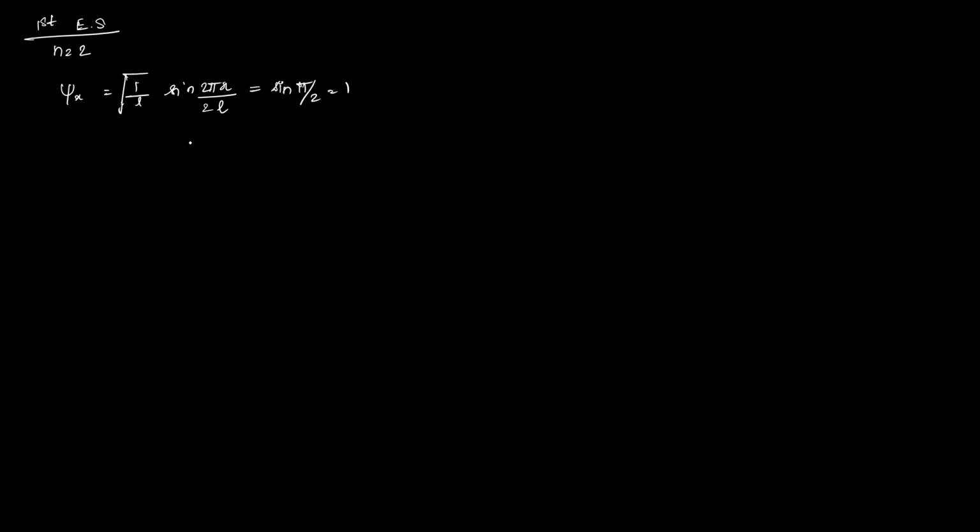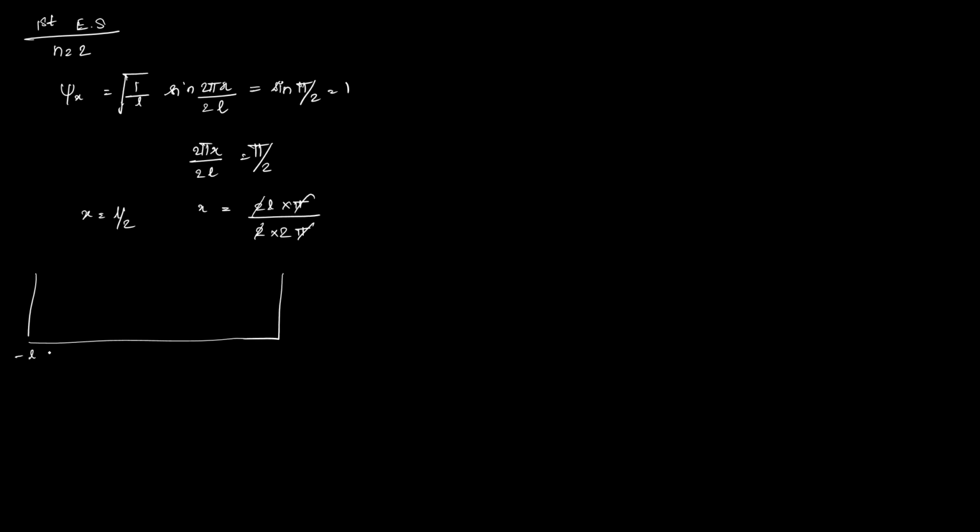So what we can say that 2 pi x by 2L is going to be equal to your pi by 2. So if you simply rewrite this equation, x is going to be equal to 2L into pi by 2 into 2 pi. Okay, so your pi will be cancelled. There is one, 2 and 2 will be cancelled. That is going to be L by 2. So the corresponding wave function plot is going to be like this.